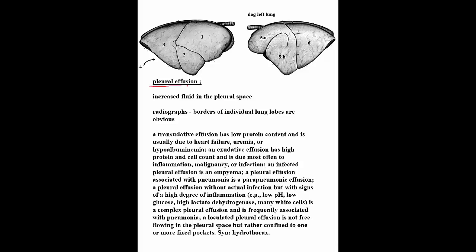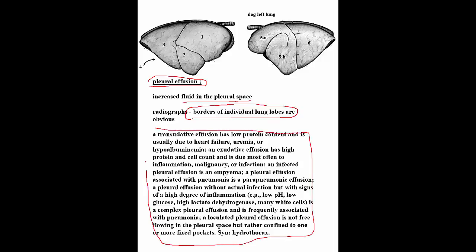A term you should also be familiar with, with respect to the thorax, is pleural effusion. By definition, this is increased fluid in the pleural space. And when this happens, the borders of the individual lung lobes are obvious. So these are some reasons why pleural effusion occurs. You don't have to be worried about that. But basically, if you're interested, this can tell you why you can get fluid in the pleural space.